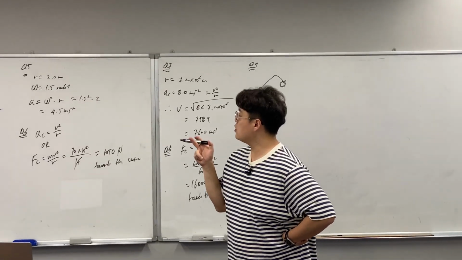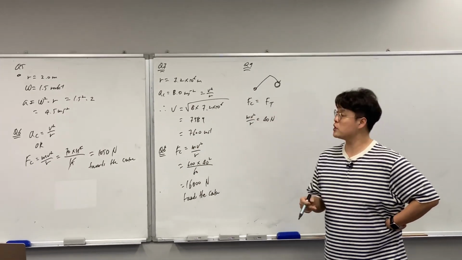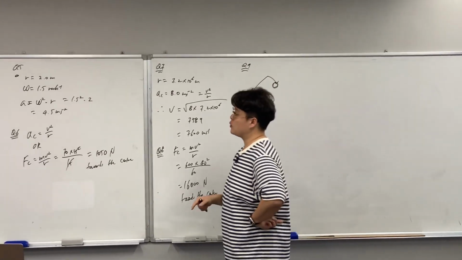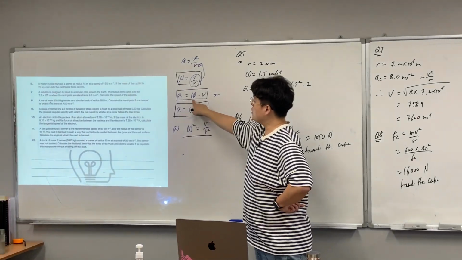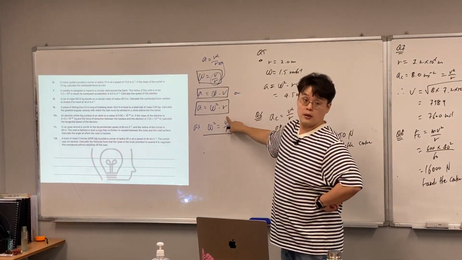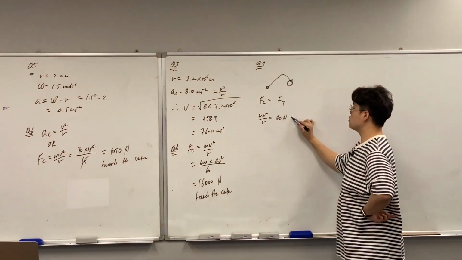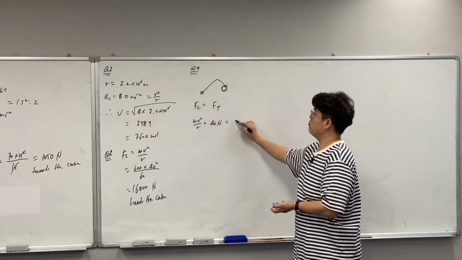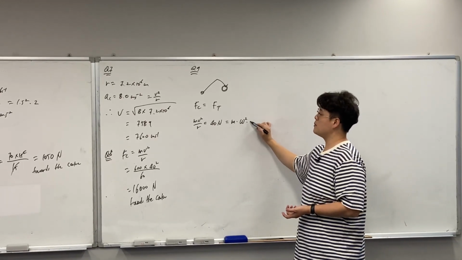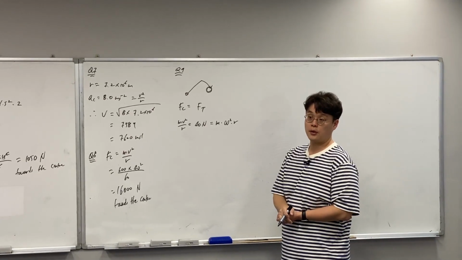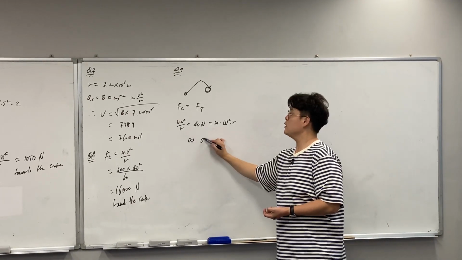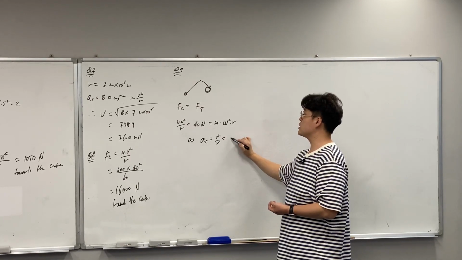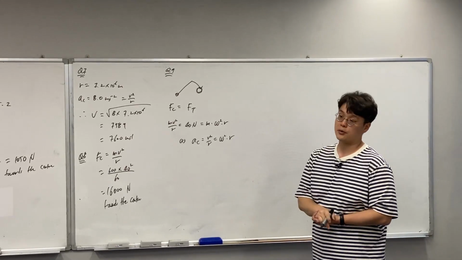The question is asking what the angular velocity is. Once we get the velocity from here, or we can modify that formula if you like, because we know the relation between the velocity and the angular velocity, v equals angular velocity times the radius. So m v squared over r is the same as m times the angular velocity squared times the radius. As the centripetal acceleration is the same as v squared over r, that's the same as omega squared r.